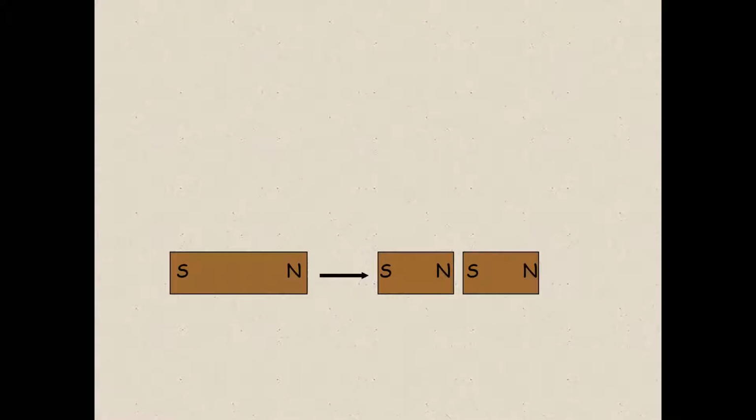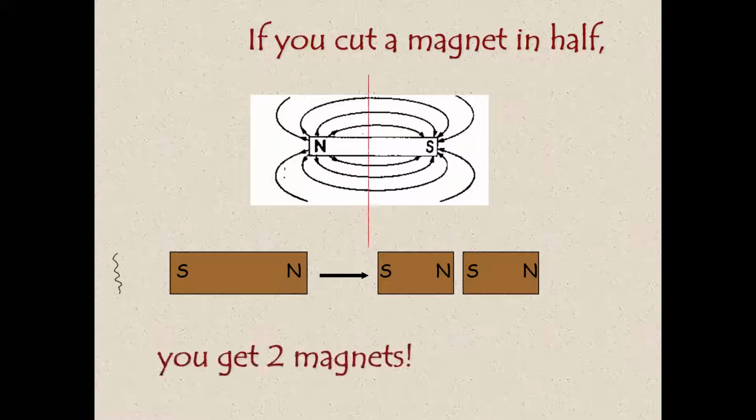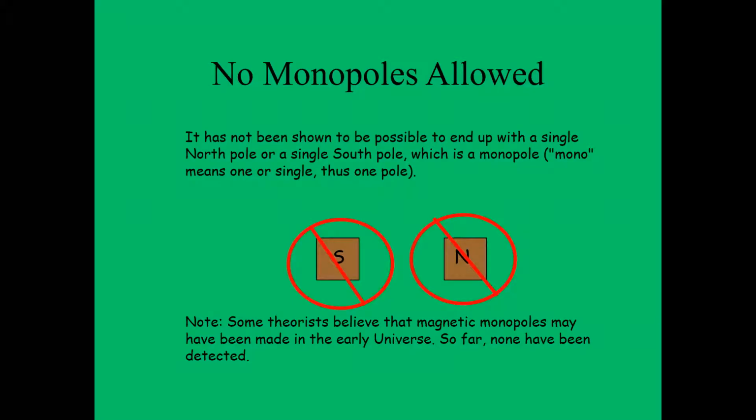Poles of a magnet always come in pairs. If we break a magnet into two parts, we will get four poles. It will become two magnets now. It has not been shown to be possible to end up with a single North Pole or single South Pole. That is known as a monopole. Mono means one or single. So we cannot have a single pole.